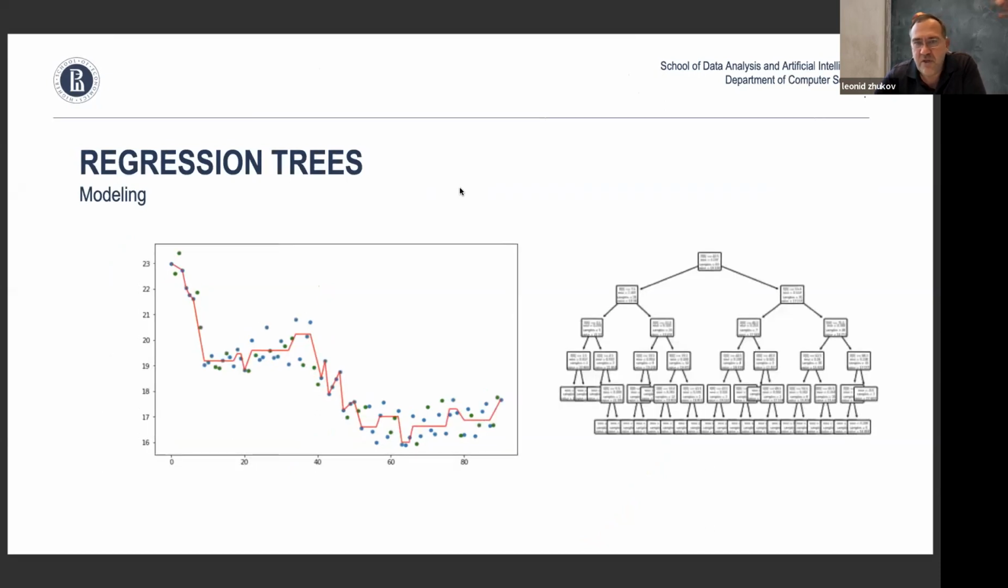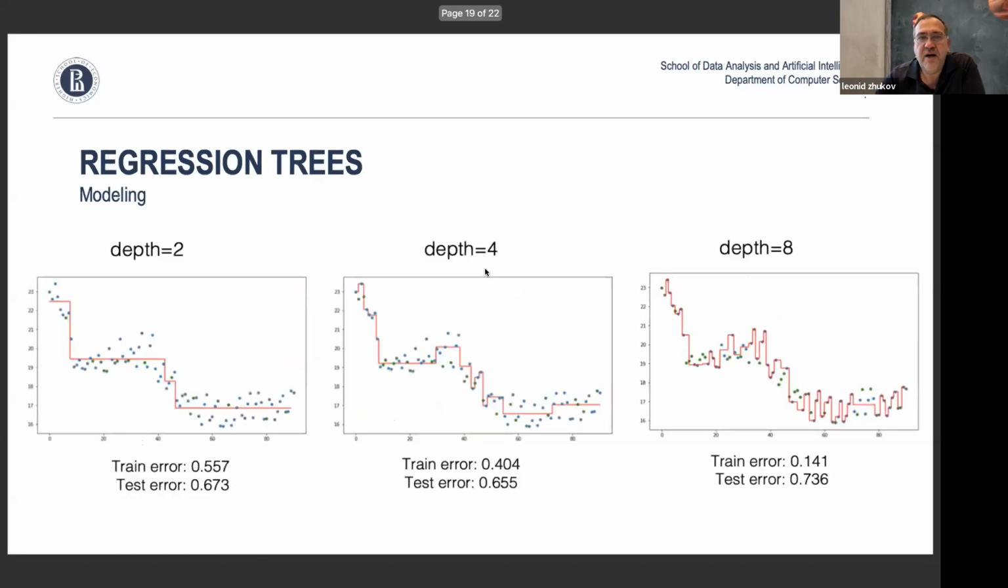So first of all, here's the regression tree. I make it larger and larger, a more and more complex, more flexible model. It will reproduce the data better and better. We will hit more and more data points, but as a result, we might end up again in trouble.